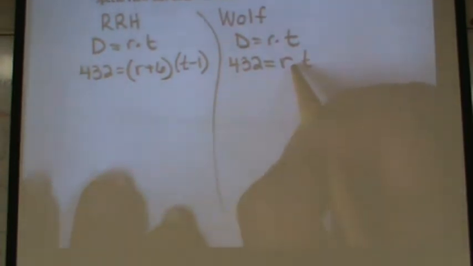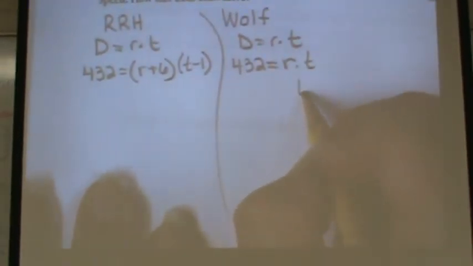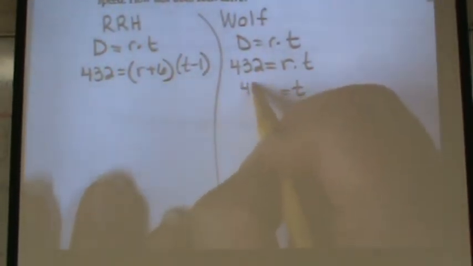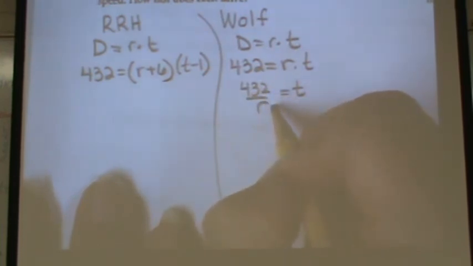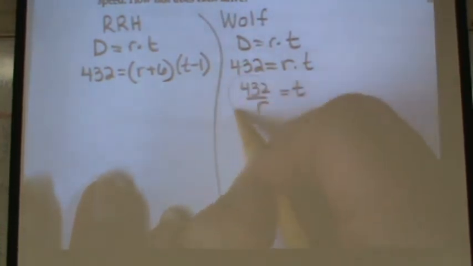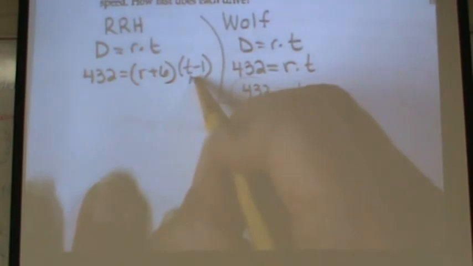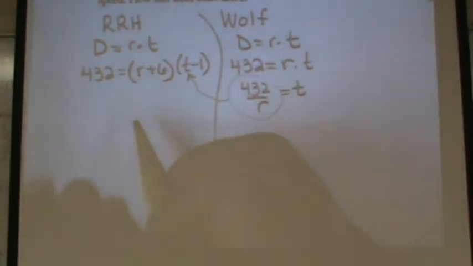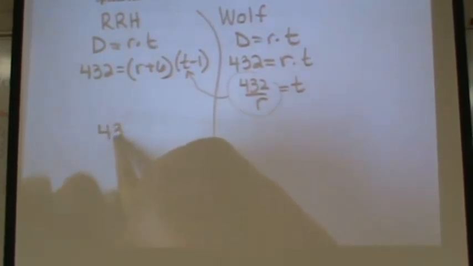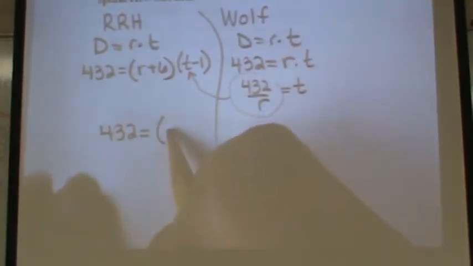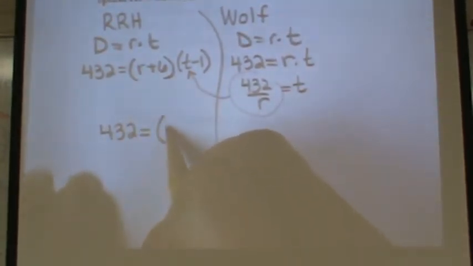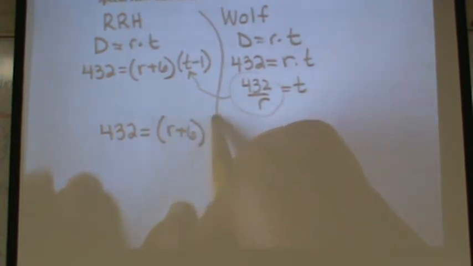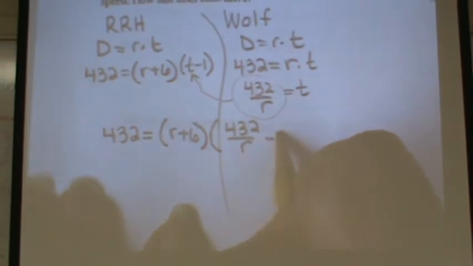I would solve this one for T. T is equal to 432 over R. Then I would substitute this right in here for T. So you have a new equation: 432 equals (R plus 6) times (432 over R minus 1).